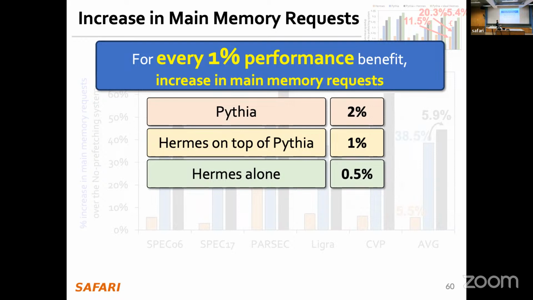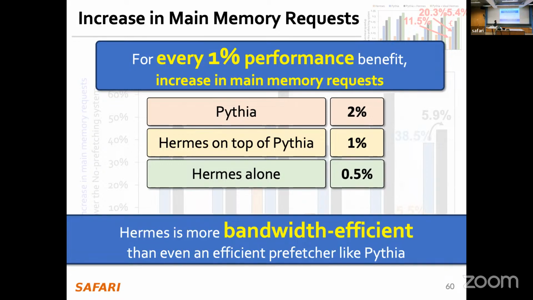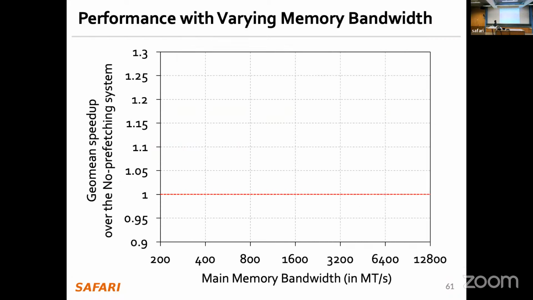So if you're designing a processor where memory bandwidth is a scarce resource, and you have to consider this from the get-go, then implementing Hermes alone might be a better design choice than implementing Pythia. Or if you can afford all of them, then just implement all of them. That's the key takeaway: Hermes is much more bandwidth efficient than even a bandwidth-efficient prefetcher like Pythia.